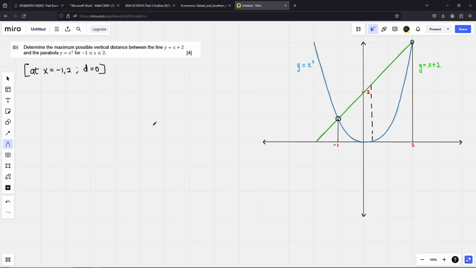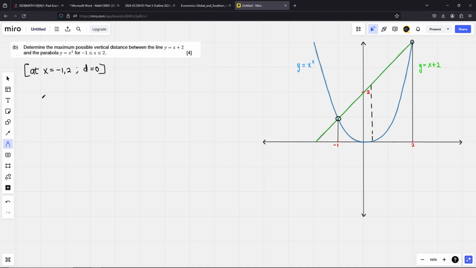So how do I get the vertical distance of two functions? Well, if you remember the trick, I can say the top function minus the bottom function is going to give me the vertical distance at any point. So let's look at this graph. If I look in between the restriction, which is -1 and 2, I can see that my straight line is going to be above the parabola throughout.